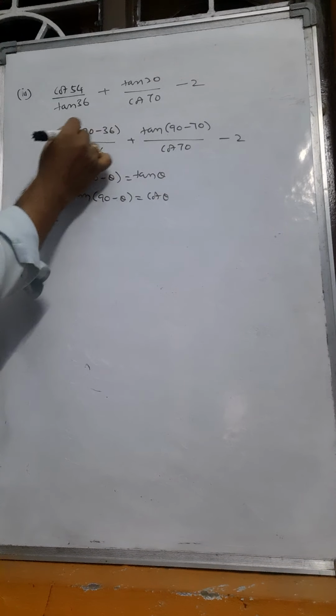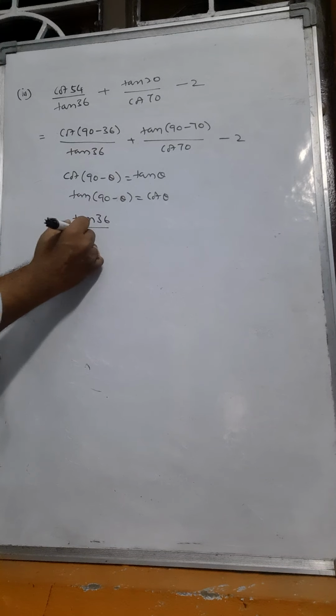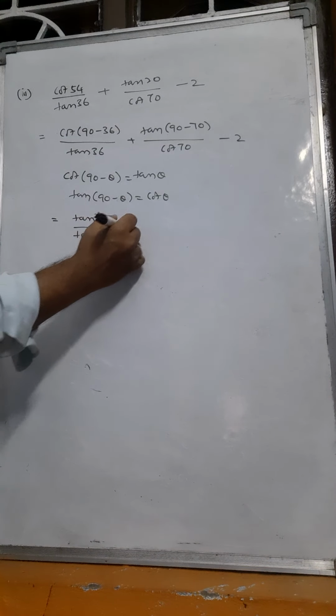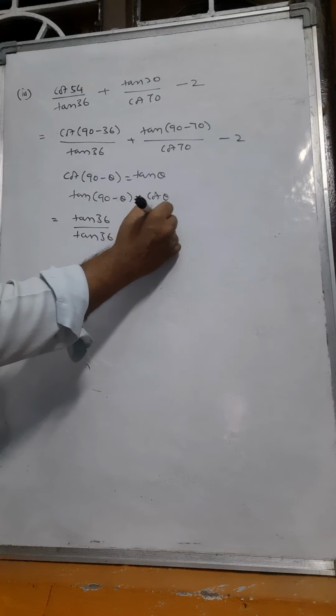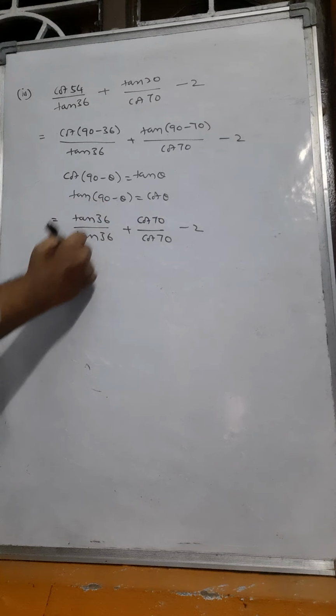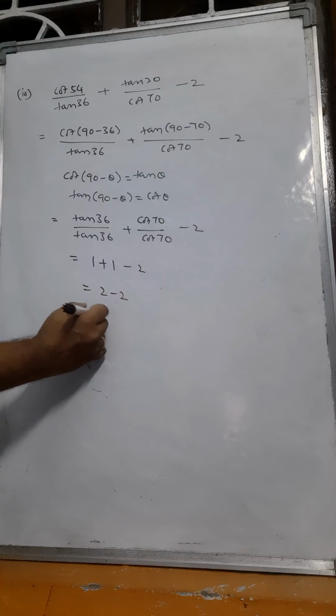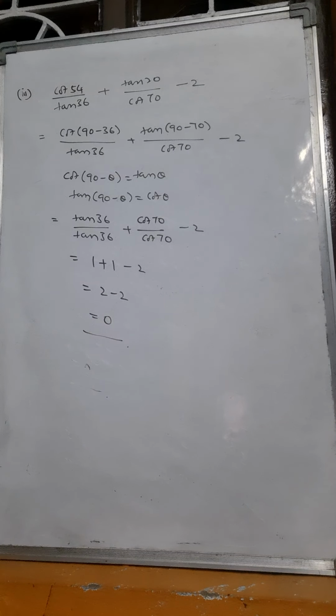So tan 36 by tan 36 plus cot 70 by cot 70 minus 2. These both will get cancelled: 1 plus 1 minus 2, so 2 minus 2 is equal to 0.